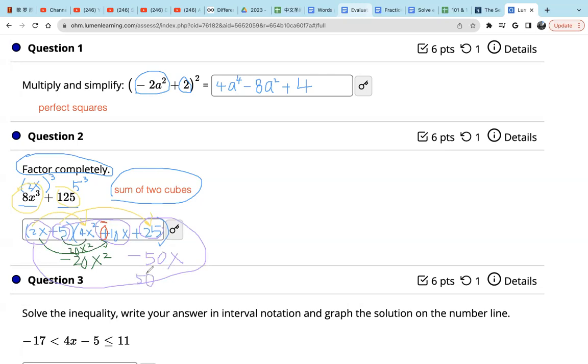So those two also cancel to be 0. So that's why we're still left with those two terms. So we did it right. All right, so this is called the sum of two cubes. We have a cubed plus b cubed, which factors to be (a + b) times (a squared minus ab plus b squared).